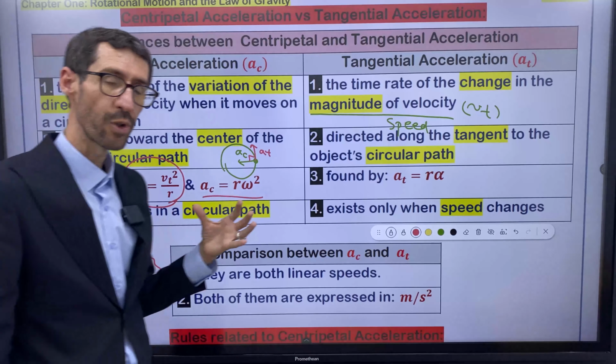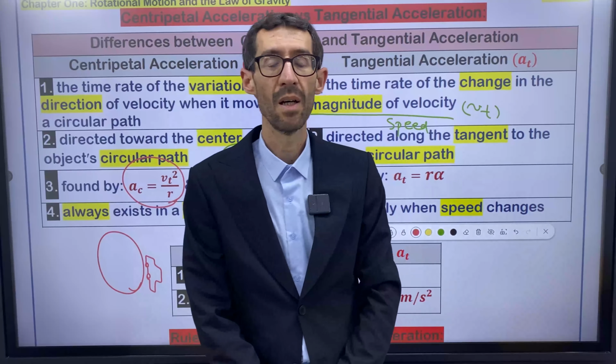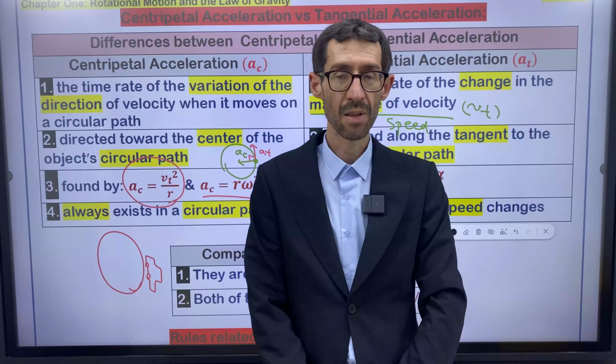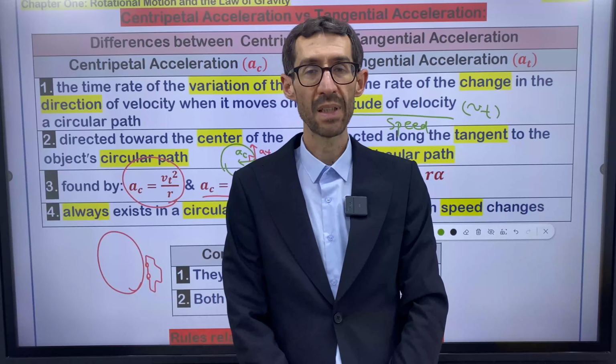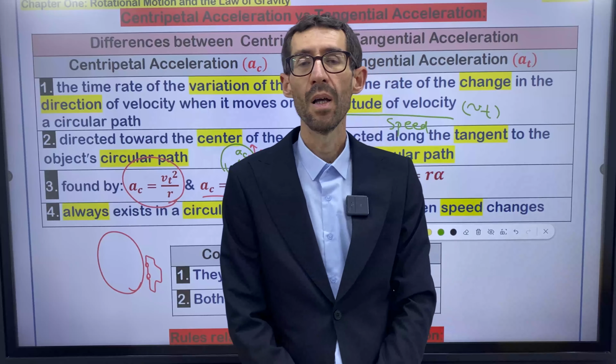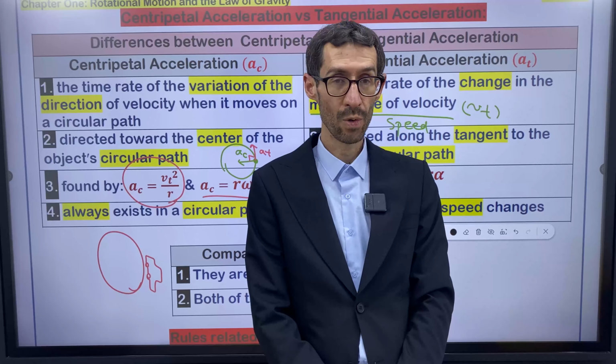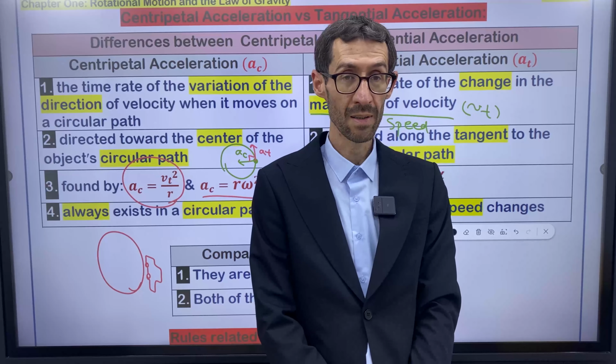I have a question for you before I go to the comparison between AT and AC, and I want you to guess the answer. We have it in the chapter review questions in our textbook. Is it possible for AC to be zero or not, and why?